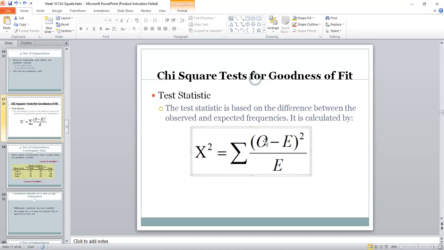While the expected frequencies are those frequencies determined assuming the null hypothesis is true.